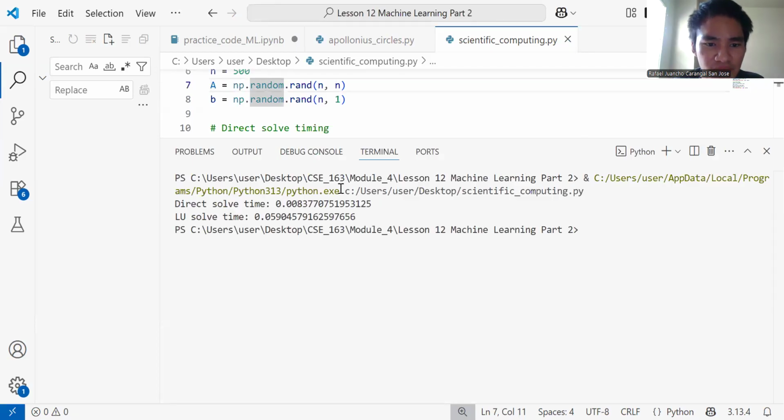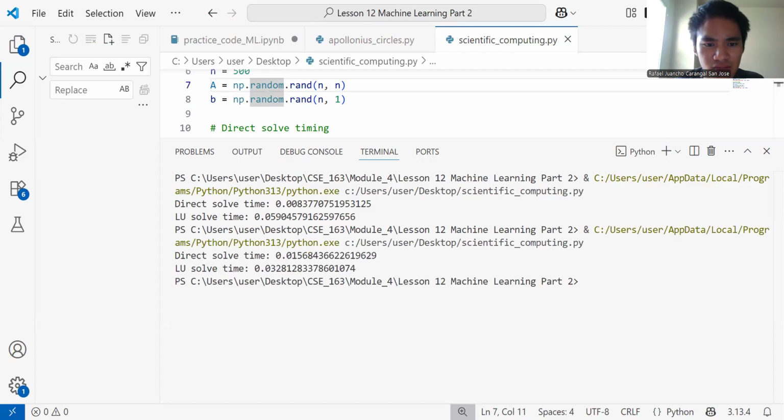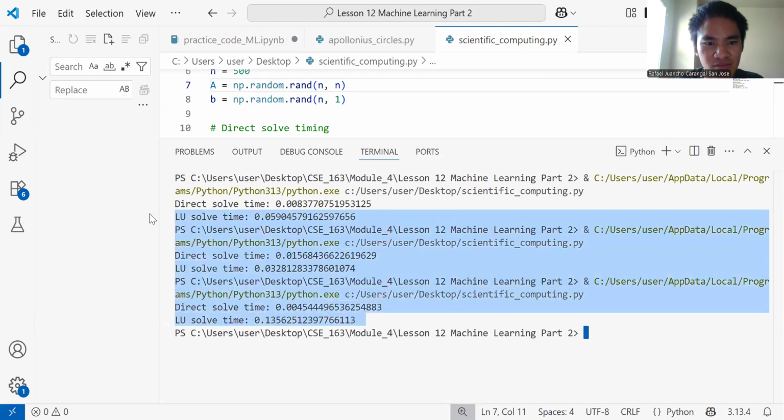And look at that. Huh. Let's try again. Let's keep going. Okay. So far, direct solve time is way quicker than LU solve time, right?